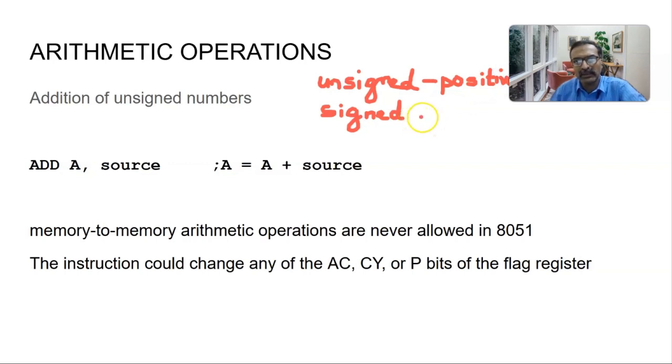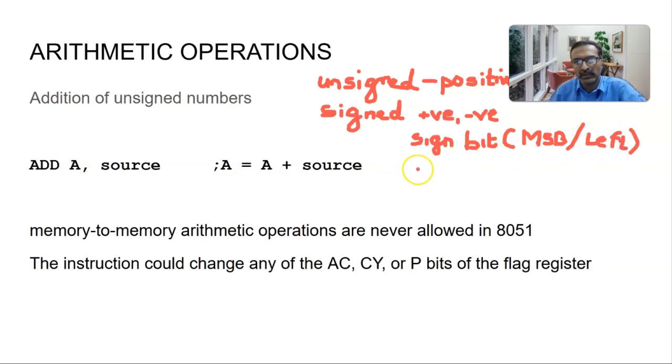So signed numbers means there can be positive and negative numbers, and we give one bit as sign bit. The MSB, most significant bit, that is the leftmost bit, is the sign bit, and the sign bit will be equal to 0 for positive numbers and equal to 1 for negative numbers. This is the common notation that we are going to use.